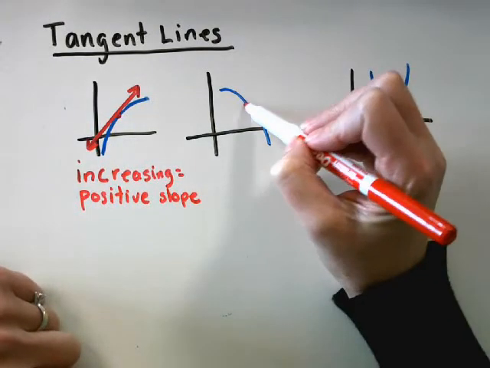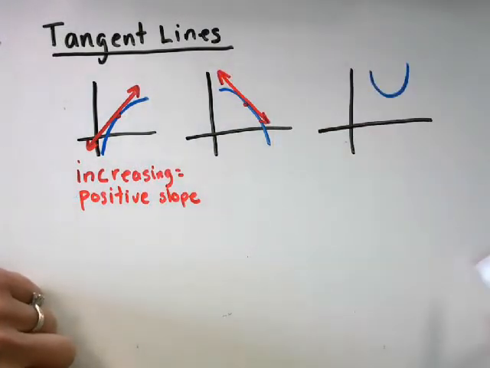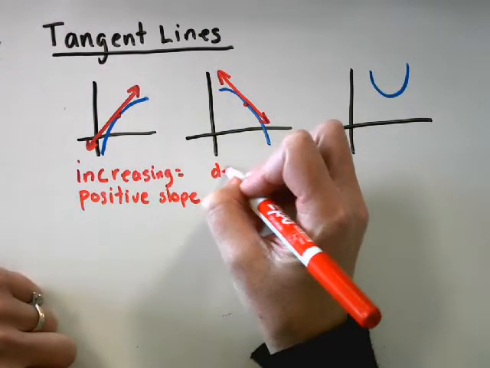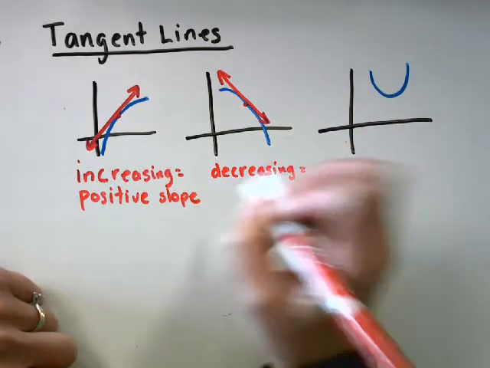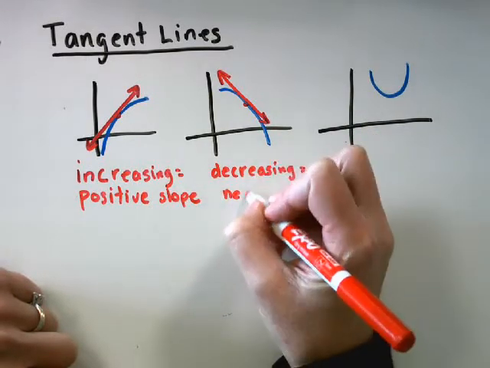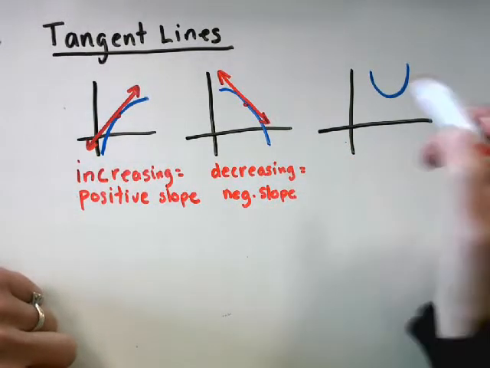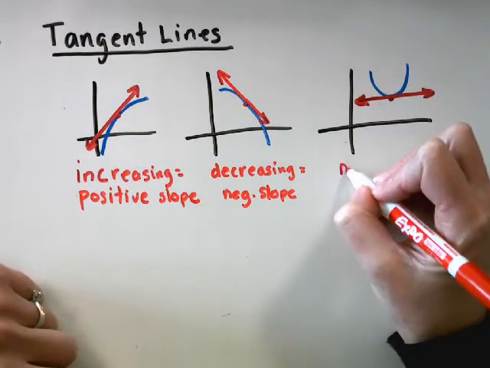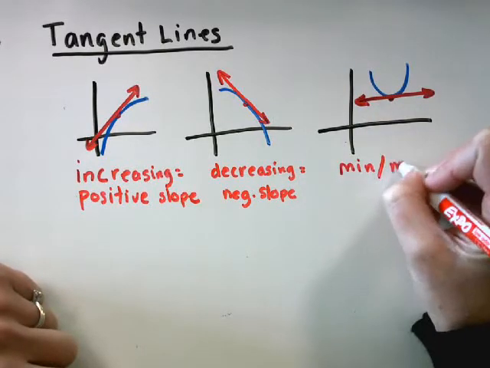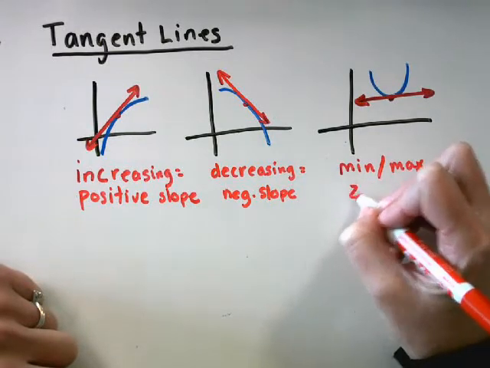If our graph is decreasing, then our tangent line is going to have a negative slope. And then if the graph has a minimum or a maximum, then the slope is 0.